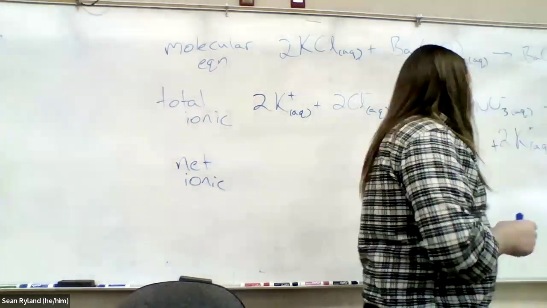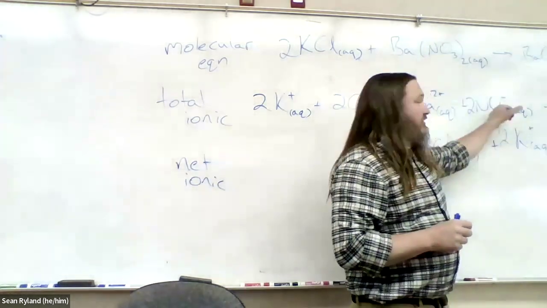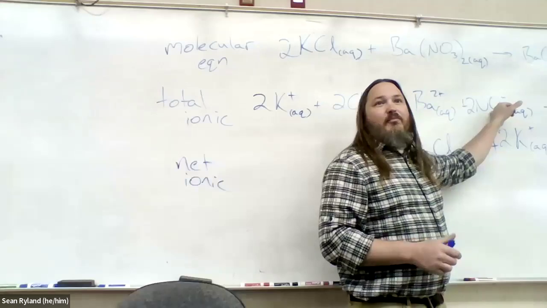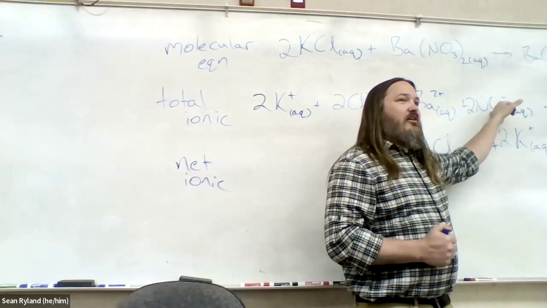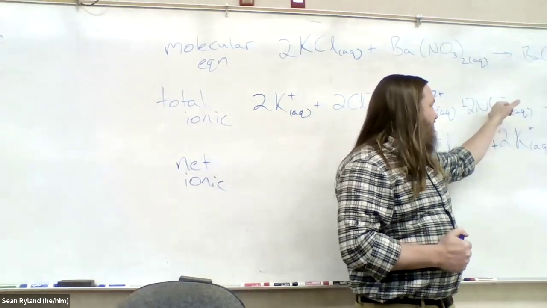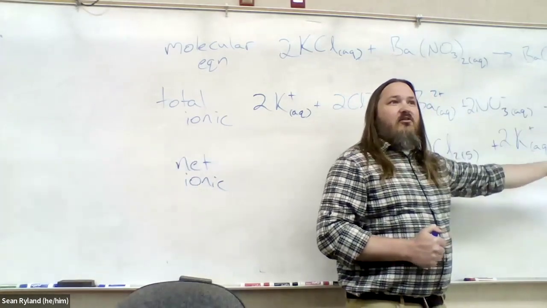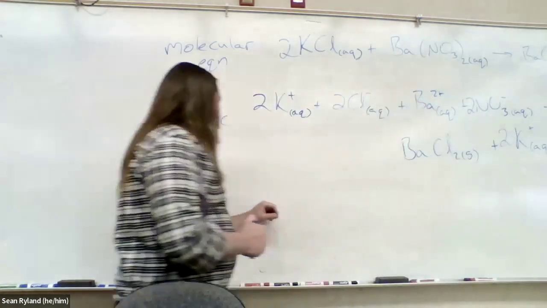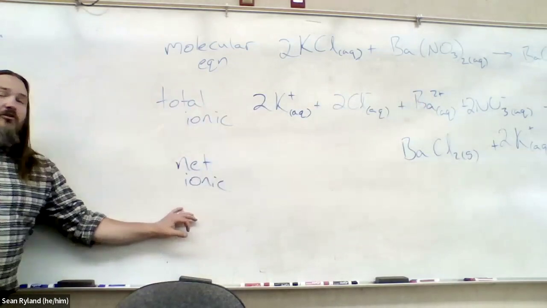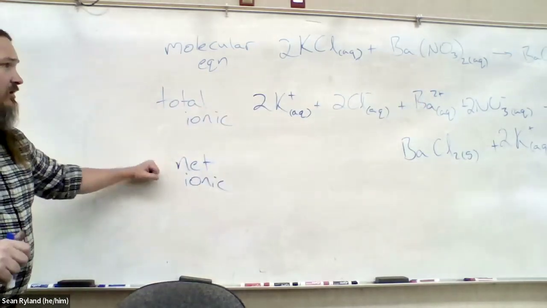So, since a polyatomic ion is just a covalent compound with a net charge, it stays as a covalent compound. So nitrate stays as nitrate even when it's dissolved. I'll give you another example of that in a second.